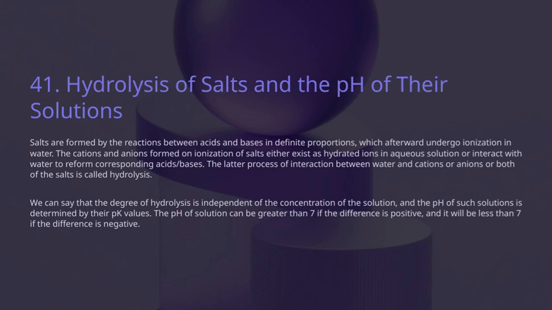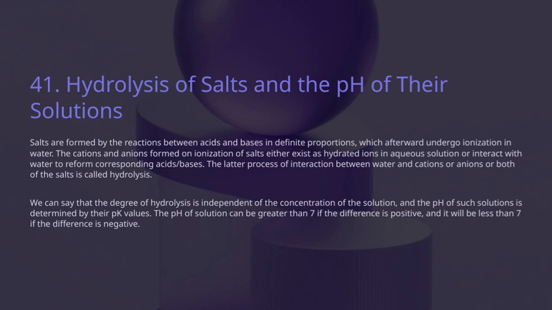Moving on, salts are formed through reactions between acids and bases in definite proportions. Once formed, these salts undergo ionization when they are dissolved in water. This process produces cations and anions, which can either exist as hydrated ions, meaning they are surrounded by water molecules, or they can interact with water to reform the original acids or bases.